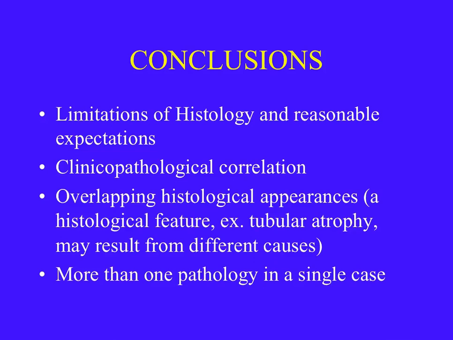You need to remember that the histological appearances in common everyday practice are usually overlapping. For example, a single histological feature such as tubular atrophy may result from several different causes. You also need to remember that we may be dealing with more than one pathology in a single case.